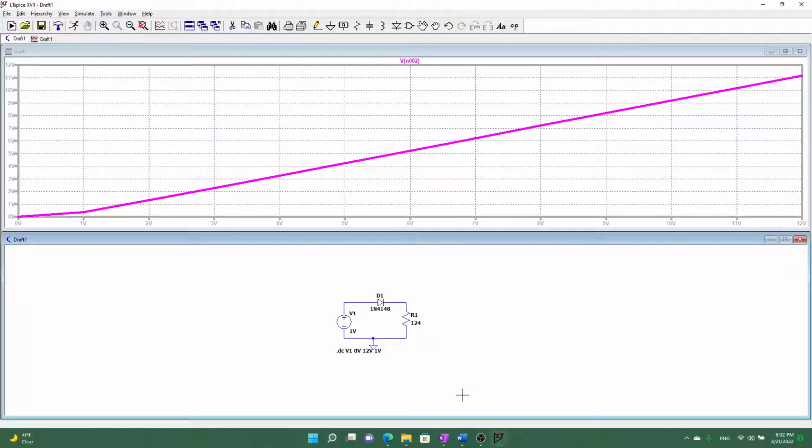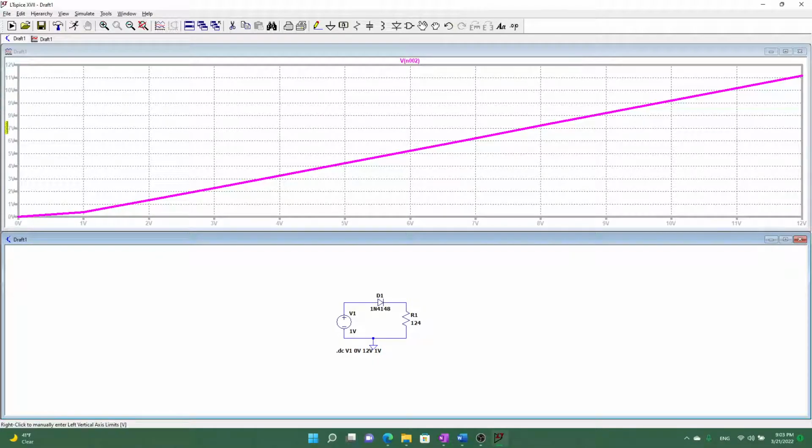First, you'll notice, like I stated before, it's not a perfect straight line. And this is what we get for a DC sweep. So this is the output voltage across the diode when we perform a DC sweep analysis.